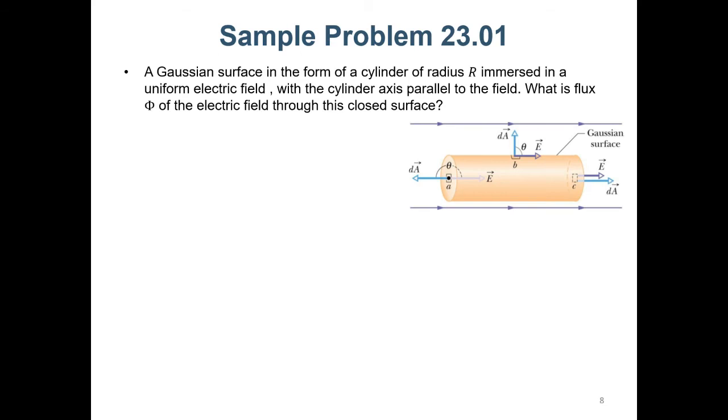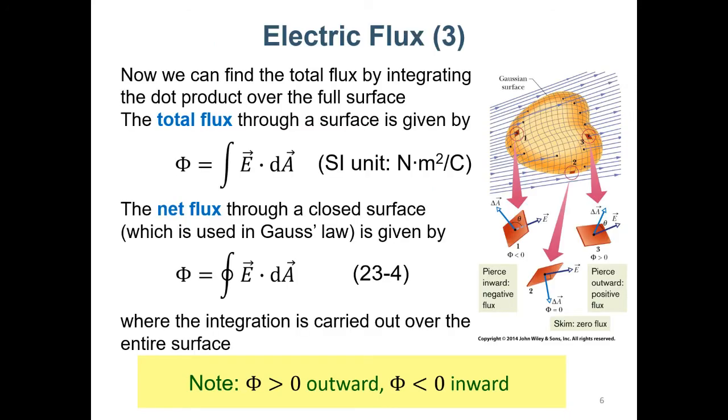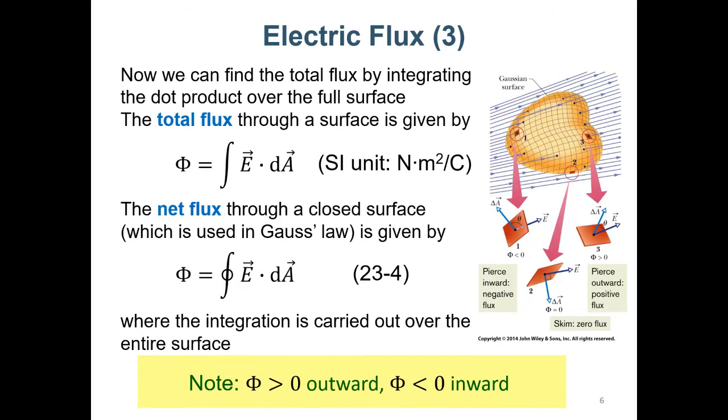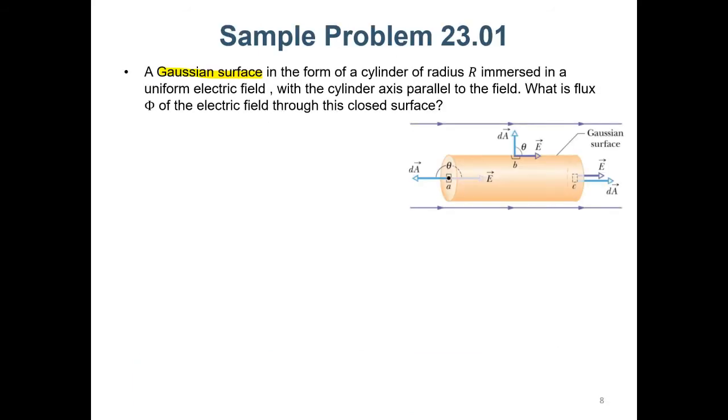A Gaussian surface. We usually call a closed surface a Gaussian surface. Have we mentioned? Maybe we will mention it later on. But if a surface is closed, we will call it a Gaussian surface.